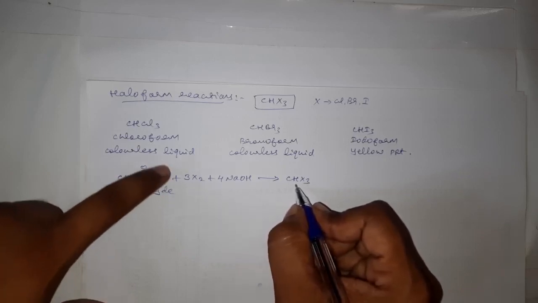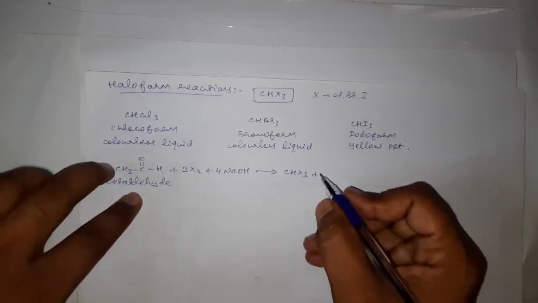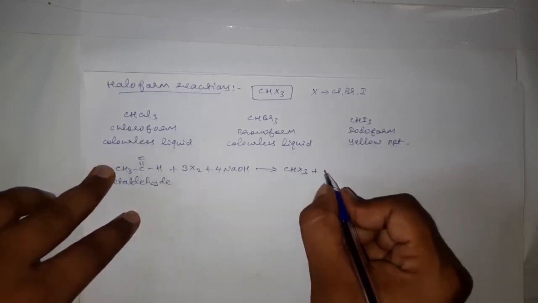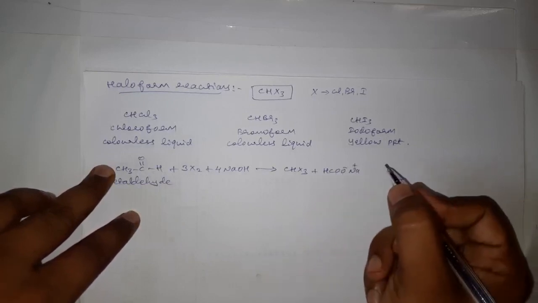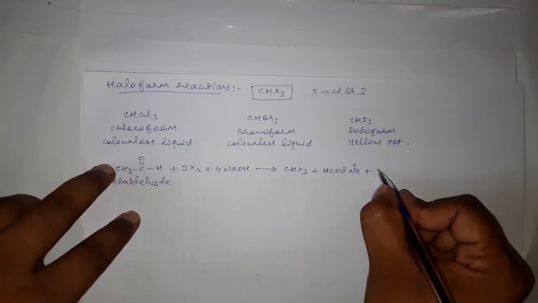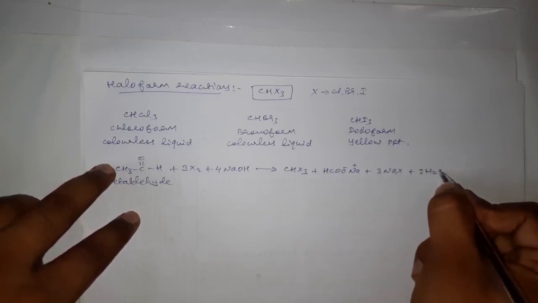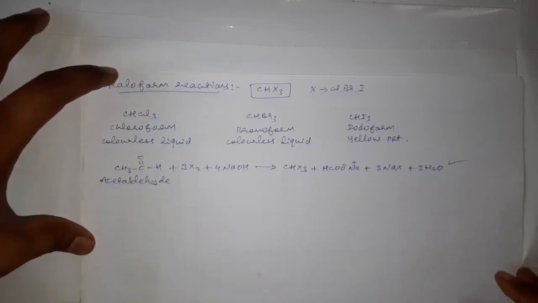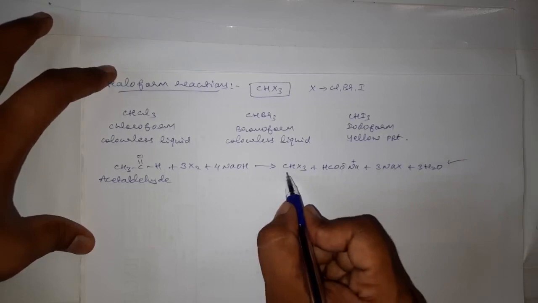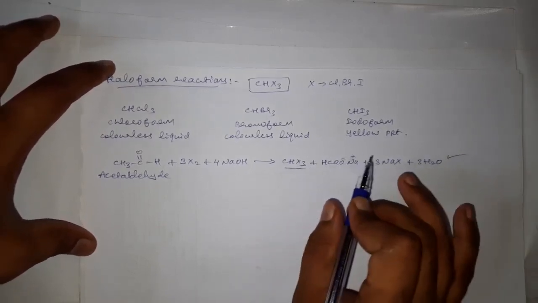The rest of the aldehyde is converted into the sodium salt of the corresponding carboxylic acid, that is HCOO-Na+, plus 3 moles of sodium halide and 3 moles of water. Here the formation of a haloform is there, therefore it is called a haloform reaction.